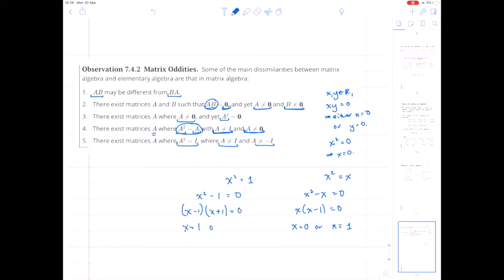So x is equal to 1 or x is equal to minus 1. So these are things in which matrices act quite differently from real numbers. As a challenge, see if you can find some matrices that behave like this.